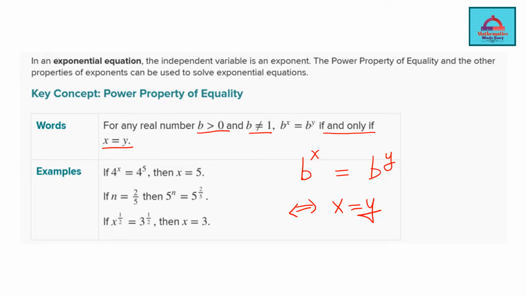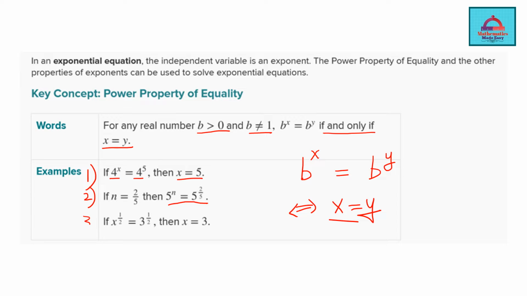Let's take some examples. The first example here, 4 to the power x equal to 4 to the power 5. Now if you see, the base is same, both sides it is 4, so the power has to be equal, so x will be equal to 5. Let's look at another example, n equal to 2 by 5. So if x is equal to y this way, then 5 to the power n will also be equal to 5 to the power 2 by 5.